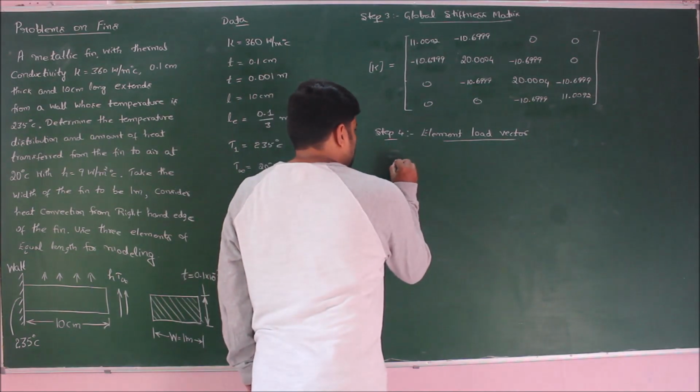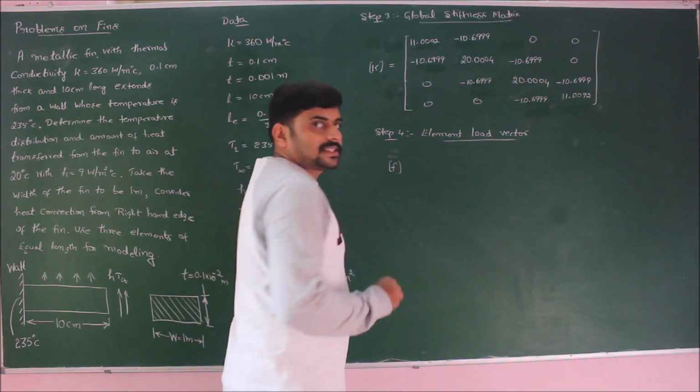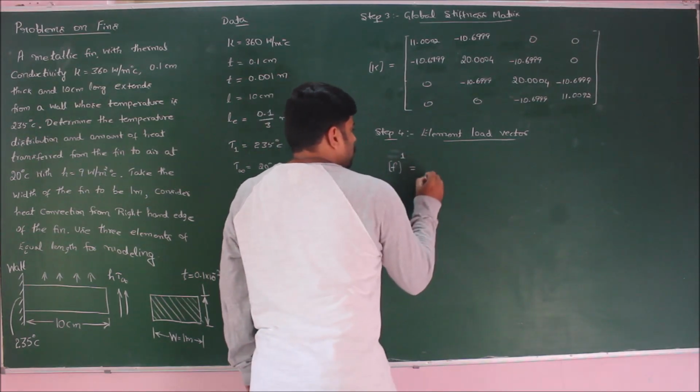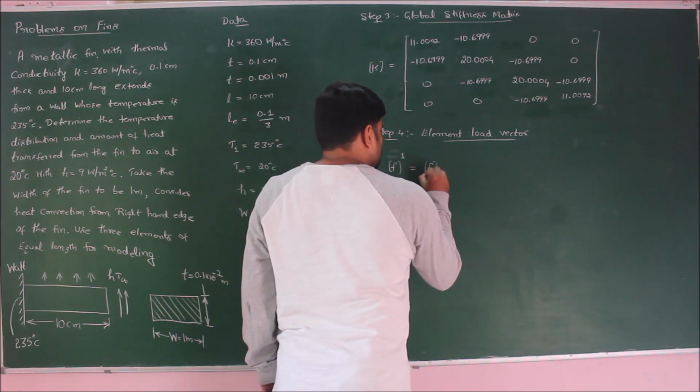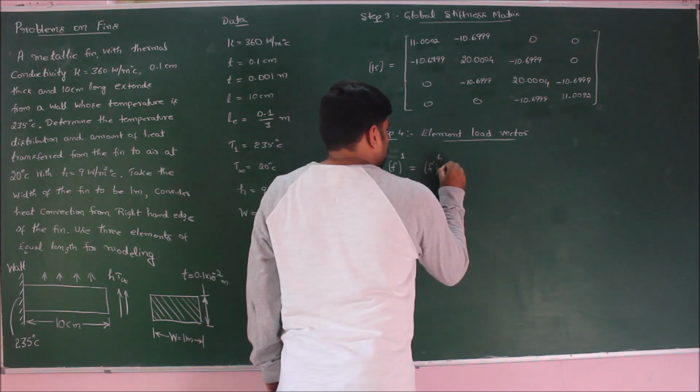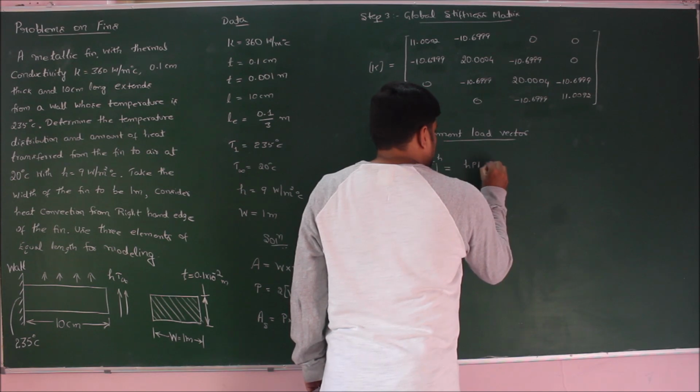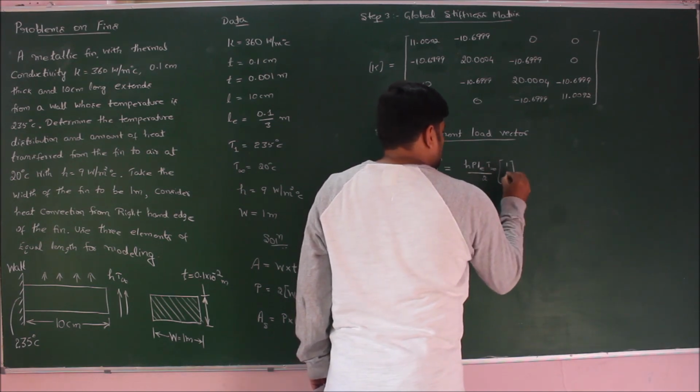For element 1 we have surface convection. So therefore for element 1 we have load vector due to surface convection, which is given by h P L_e T infinity by 2, 1 1.